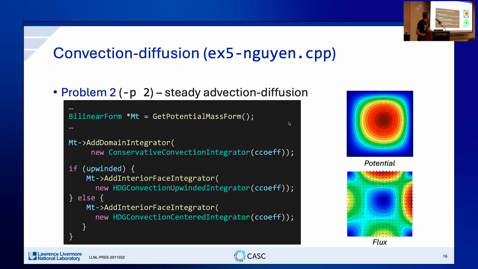In any case, the formulation of advection-diffusion is very simple. We just need to add these few lines for convection. So some classical conservative convection integrator and one of these two, either the upwinded or centered integrator.